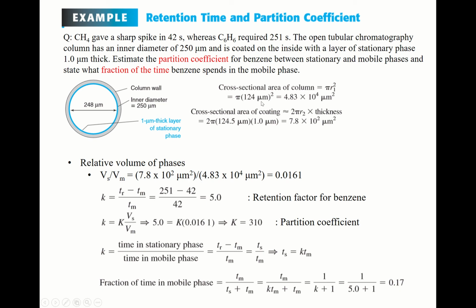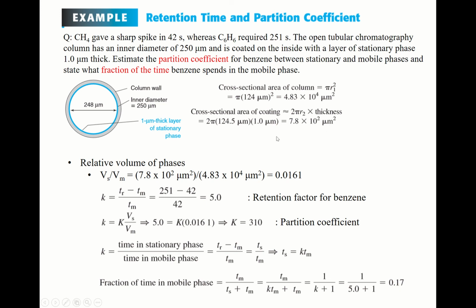So the average is 124.5. So 2 pi multiplied by this number gives the perimeter, and with the thickness it gives the cross-sectional area of the liquid phase, which is 7.8 times 10 to the 2 square micrometers.